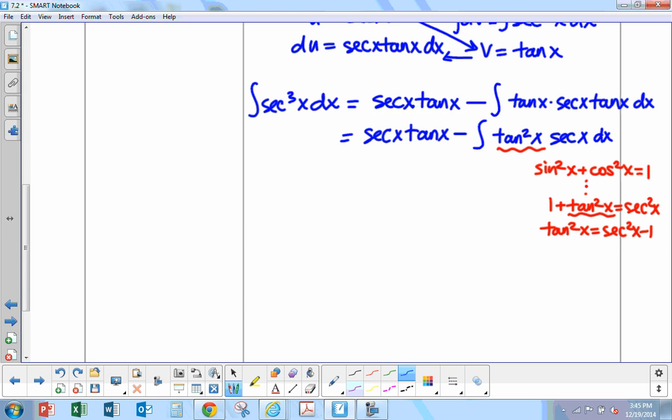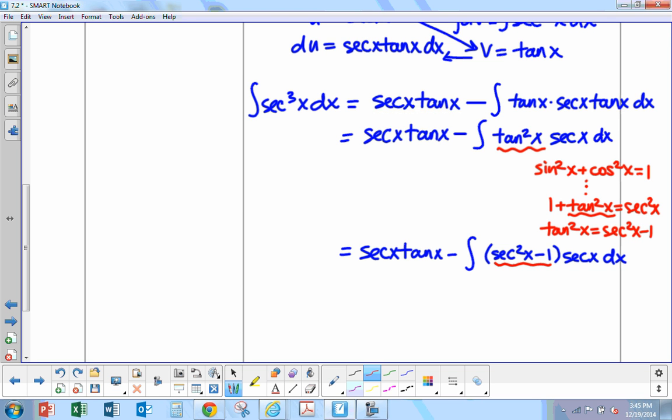So I now have secant x tangent x minus the integral of secant squared x minus 1 times secant x dx. Just making the replacement for tangent squared.